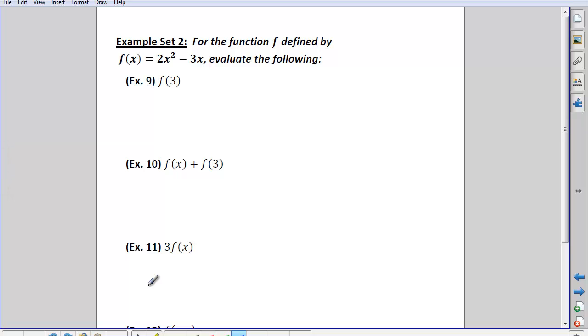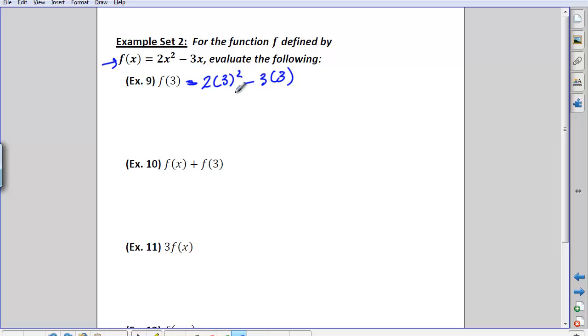So going back and looking at evaluating a function, here we have f of x equals 2x squared minus 3x. We want to evaluate the following. For that function, what's f of 3? The key here is the x became a 3. So instead of 2x squared minus 3x, we have 2 times 3 squared minus 3 times 3.